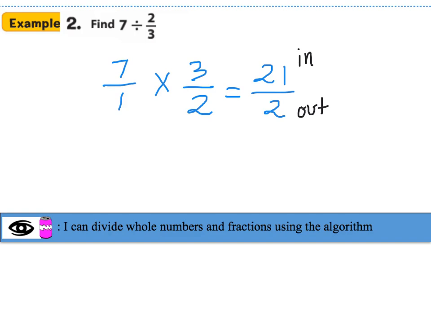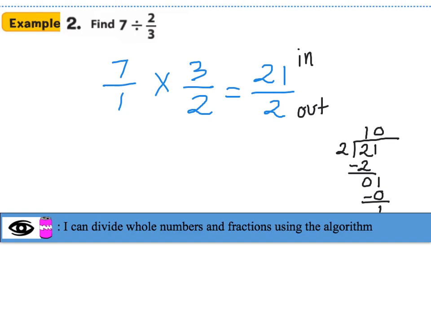I'm going to calculate on the side. 21 will go in the dividend area. 2 will be in the divisor area. 2 goes into 2 one time. 1 times 2 is 2. 2 minus 2 is 0. And we're going to bring 1 down. 2 goes into 1 0 times. 0 times 2 is 0. 1 minus 0 would be 1.